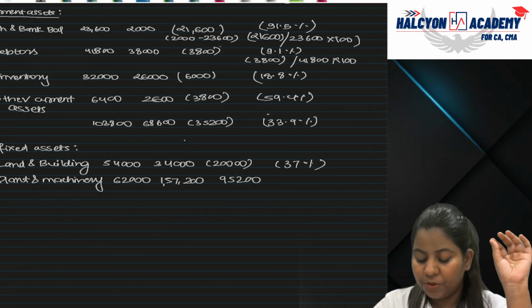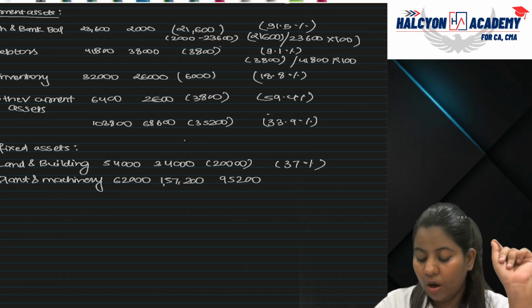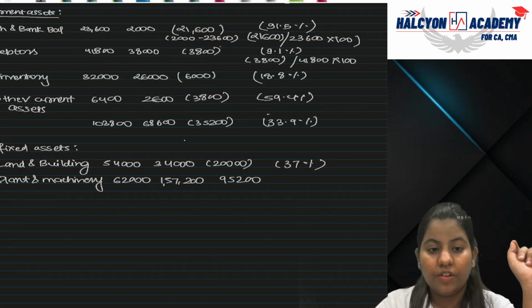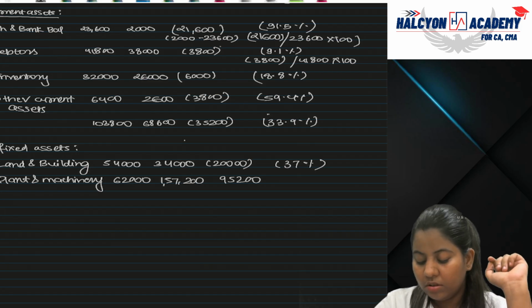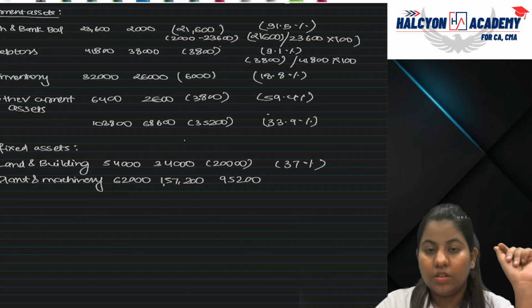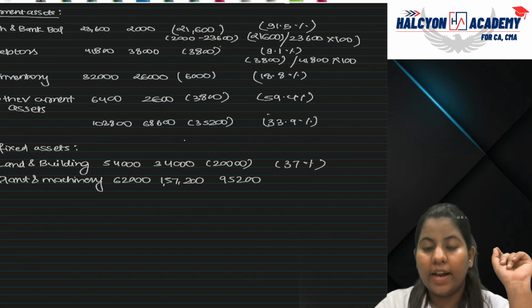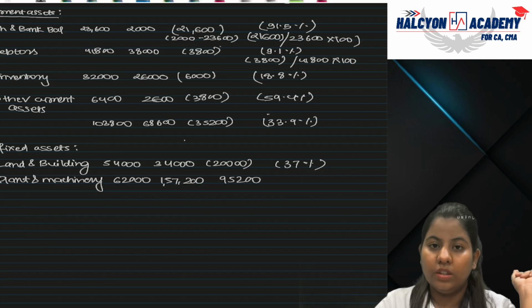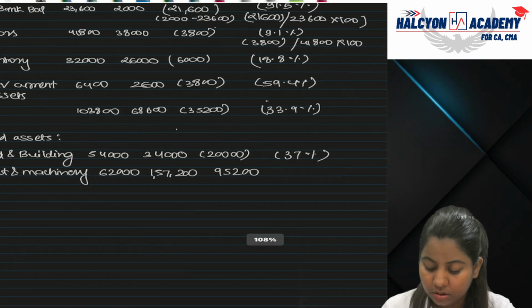So subtract 62,000 from 1,57,200 rupees. It will be 95,200. This is the difference, the amount which is changing. Change in amount, 95,200, divided by 62,000.